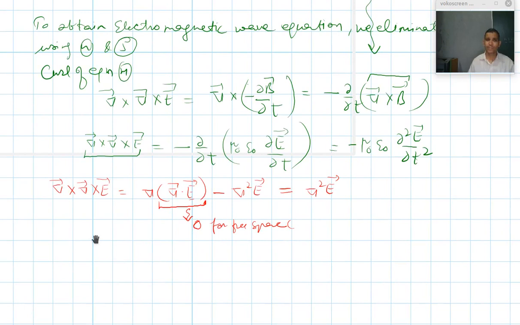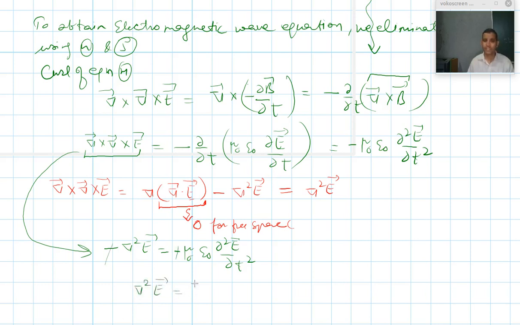So therefore this equation can be written as minus del square E is equal to minus mu naught epsilon naught curly square E by curly T square, with a negative sign, and this negative sign will cancel out. So therefore we will remain with the equation that del square E is equal to mu naught epsilon naught curly square E by curly T square, right?